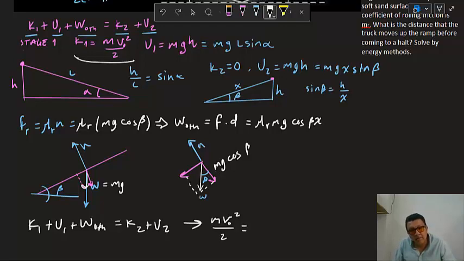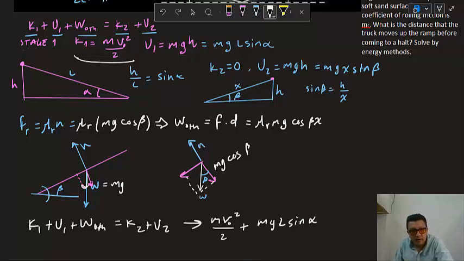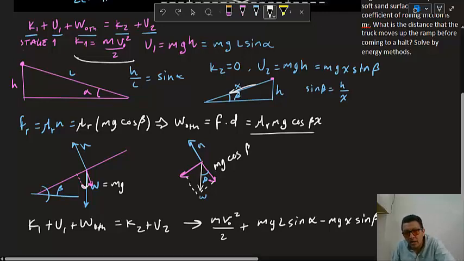Potential energy is plus mgL sine of alpha, plus the other work that is in the opposite direction of the movement, which is negative: mu r mg x cosine of beta.